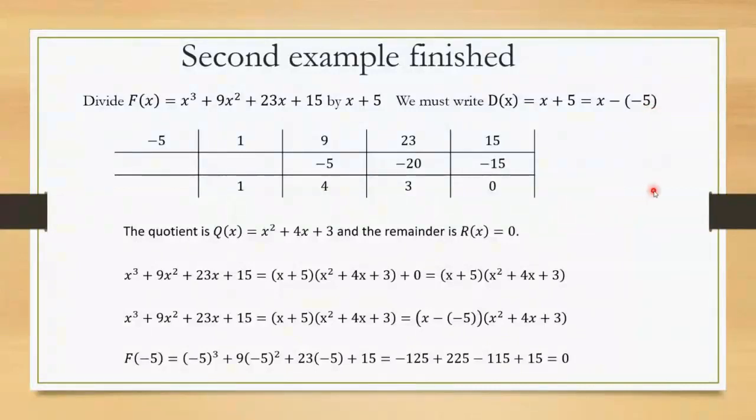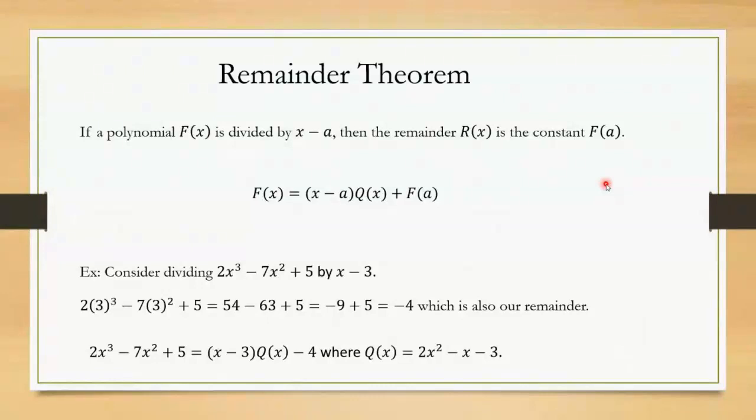Well, this is not a coincidence. There's actually a really nice theorem called the remainder theorem. And it's really proven by the division algorithm. Namely, if you have a polynomial capital F of x, and you divide it by x minus a, you can get the remainder easily by not even dividing. It turns out the remainder is this constant, f at a.